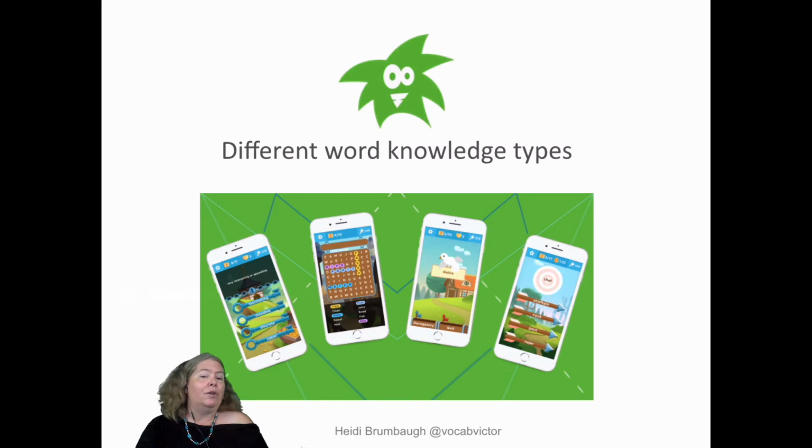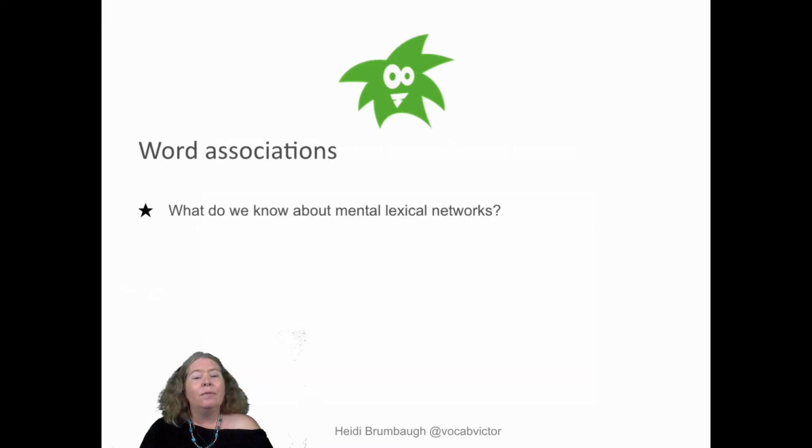So Vocab Victor is made up of 4 different games, and each game is designed to teach a different type of word knowledge. First, I want to talk a little bit about word associations because this is a particular type of word knowledge that I think is especially important. What do we know about mental lexical networks?